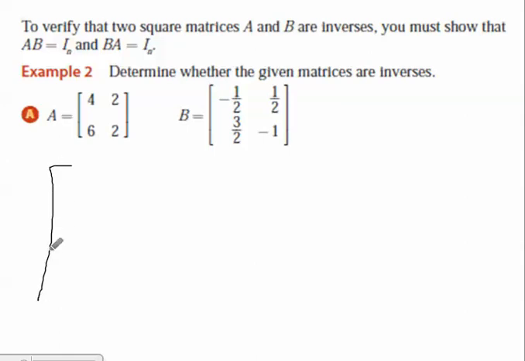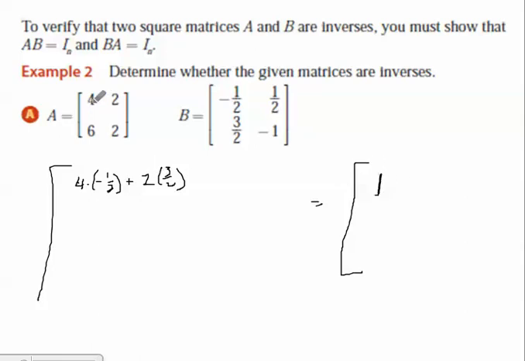So, 4 times negative 1/2, plus 2 times 3 over 2. This one is going to be negative 2 plus 3, which is going to be a 1.